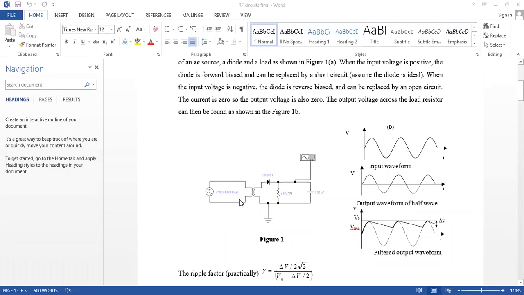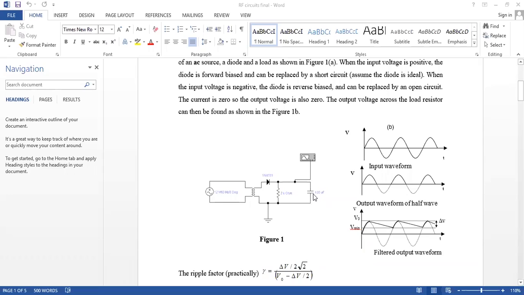And this one is the capacitor. Why do we use a capacitor here? The capacitor is used as a filter to convert the pulsating DC to pure DC. This one is grounded here, and this one is the CRO, which we will learn about here. The CRO is used to measure the voltage value and to find the waveforms.